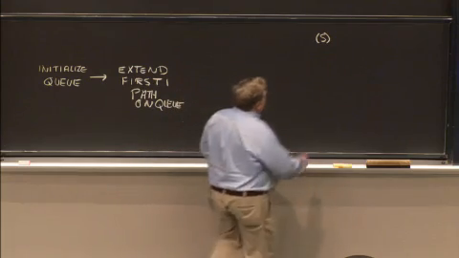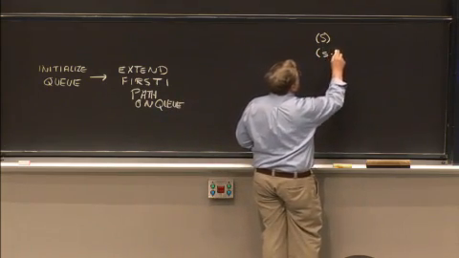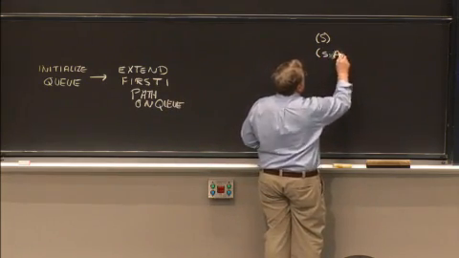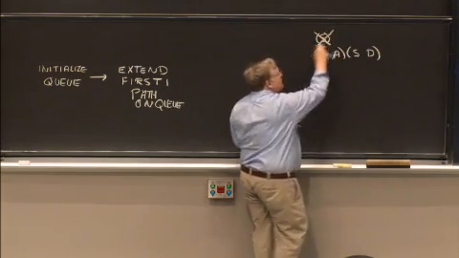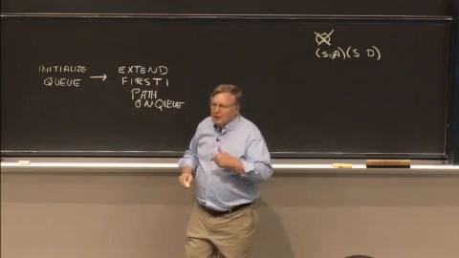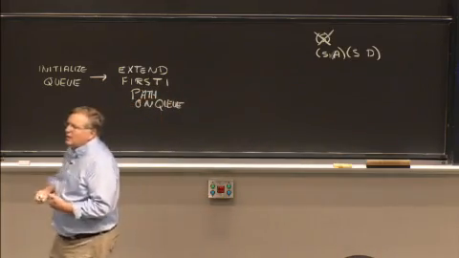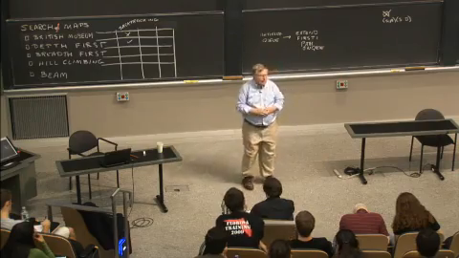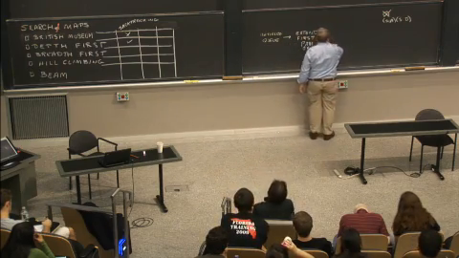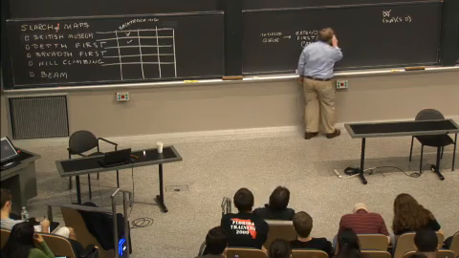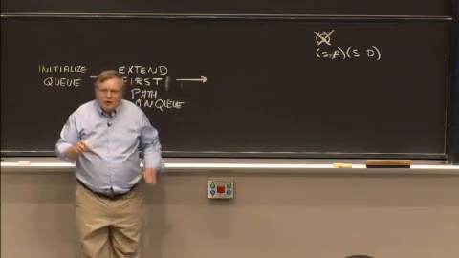I get S goes to A, and I get S goes to B. So I take the first one off the front of the queue, and I put back the two that are produced by extending that path. Now, after I've extended the first path on the queue, I have to put those extended paths onto the queue.